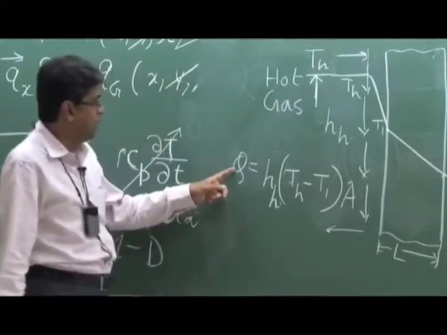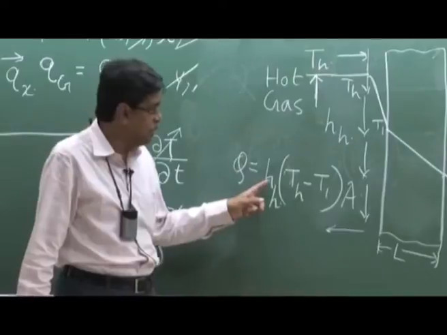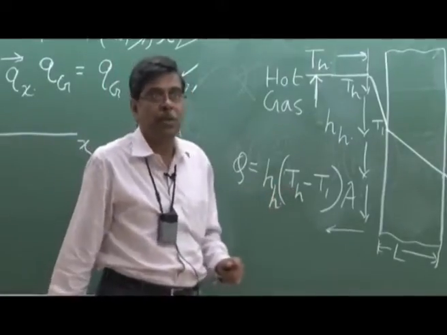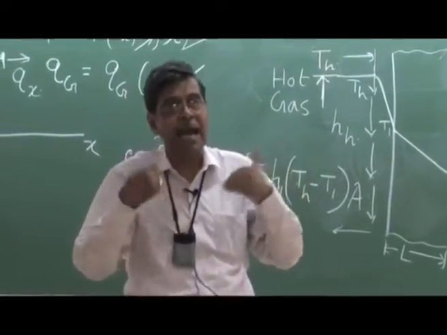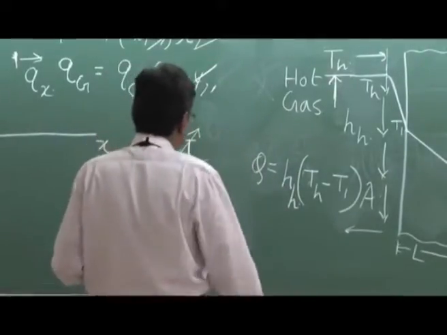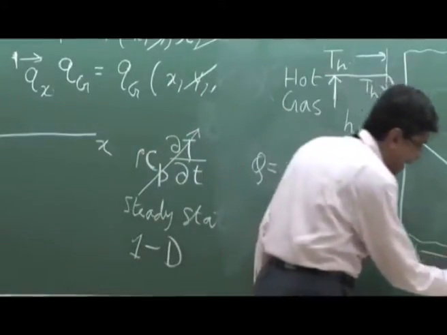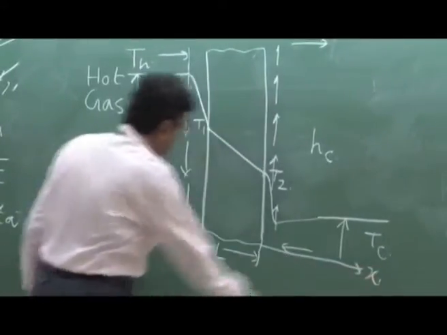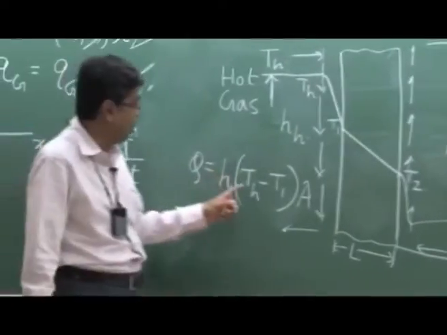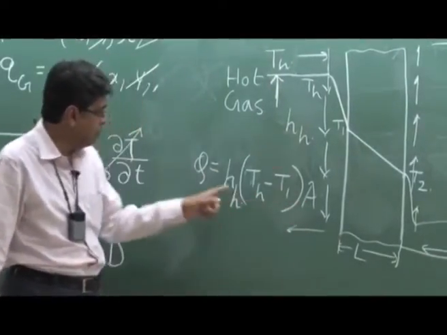The total heat transfer is H, that means heat transfer coefficient times the difference between the fluid temperature and the surface temperature. Here I am writing the positive value of the heat, that means heat is flowing in this direction X. So therefore, temperature difference I am taking from the hot gas to the left plate times the area of the plate into HH.